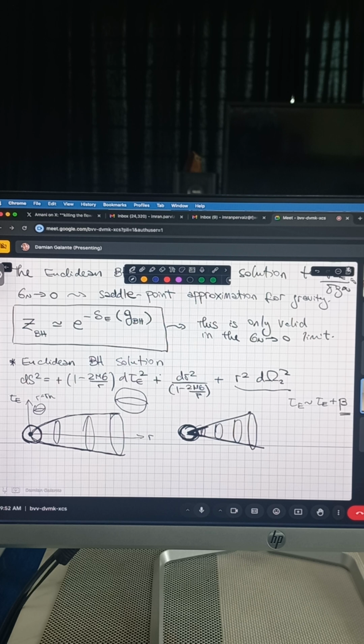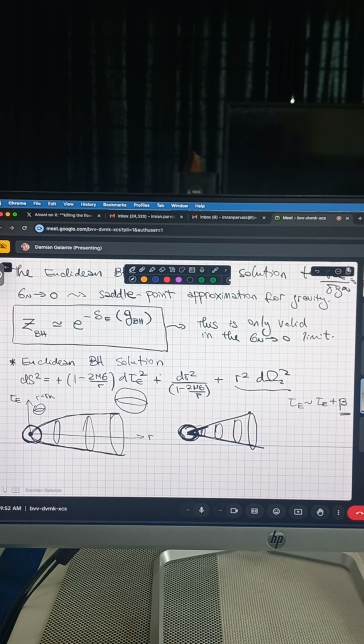And it turns out that we are not free to choose this in gravity. In order for this manifold to be smooth and not have any problem close to the black hole horizon, we need this beta to be a very particular function.